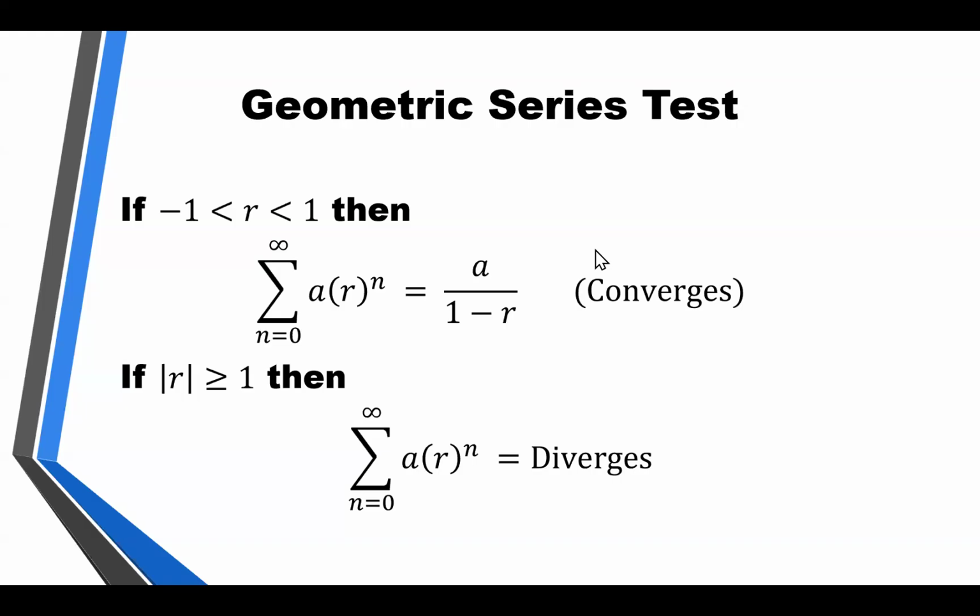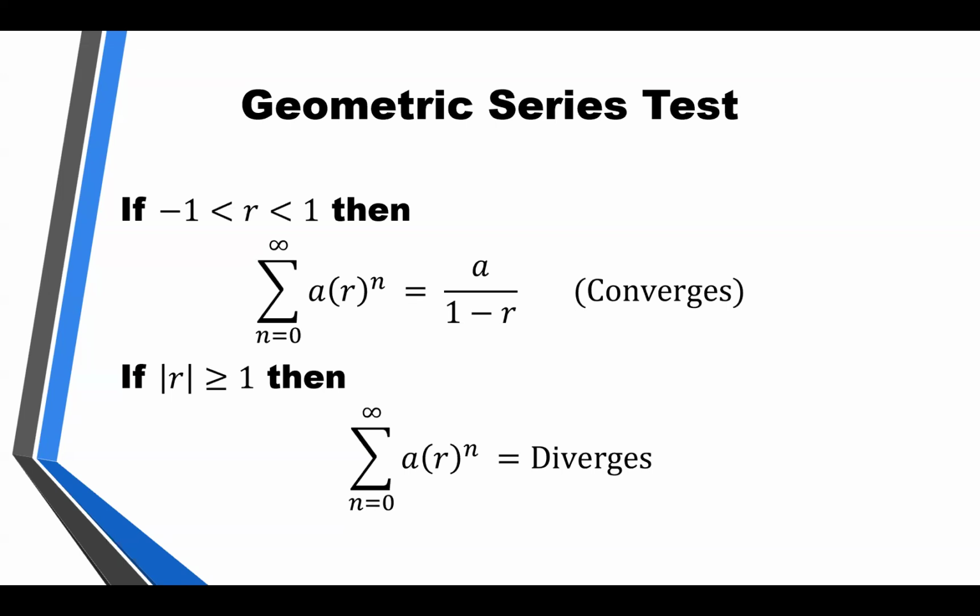Once we know this geometric series test, then if I'm given a geometric series, I can skip all of my partial sums, and I can very quickly determine if the geometric series converges or diverges.